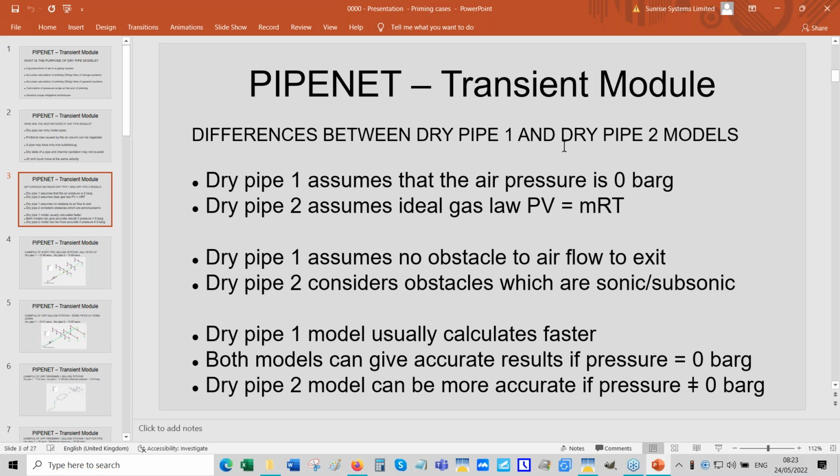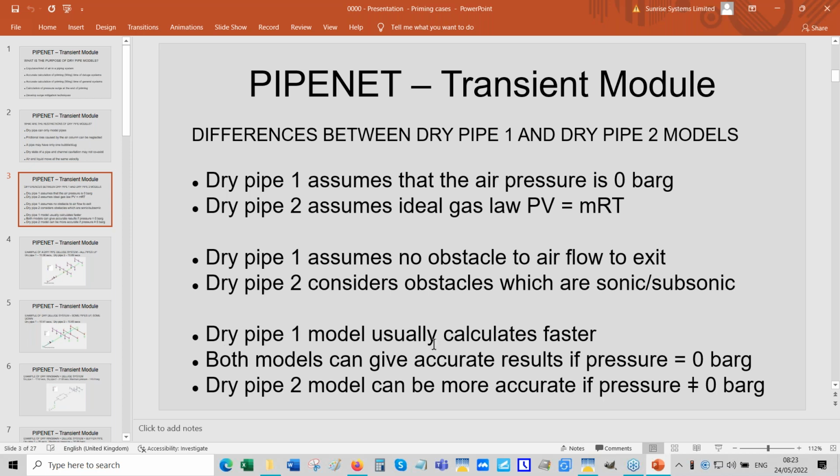In the example network I showed earlier, the air comes in through the air release valve, then it's got to flow down the pipes until it reaches the air release valve, and then it gets expelled. So it actually can model the movement of air pockets in the system. That's dry pipe 2. As I said, it's not dry pipe 2 on its own. Usually it is associated with something like an air valve.